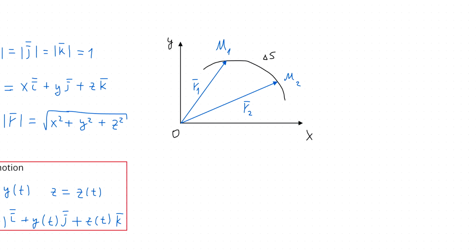And we can also define the so-called displacement vector. What is the displacement vector? This vector begins in the initial point and ends in the final point. On this picture, it will be here. Delta r is the displacement vector.